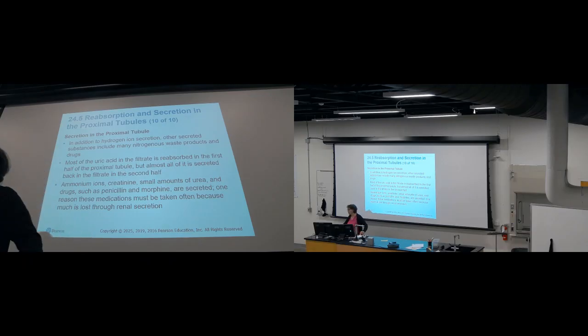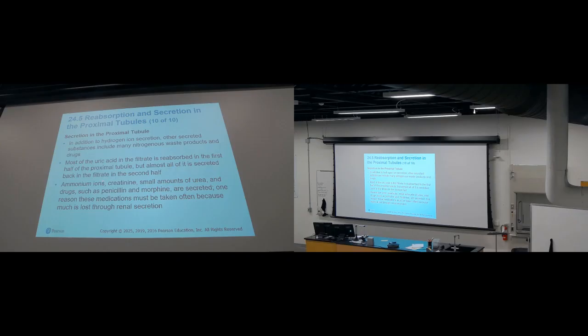And then for secretion, we partially saw it before with hydrogen ions, but also we secrete nitrogenous wastes, and one of these will be ammonium, and then we also secrete uric acid, which, if you remember, is a waste product of nucleic acid metabolism or catabolism.